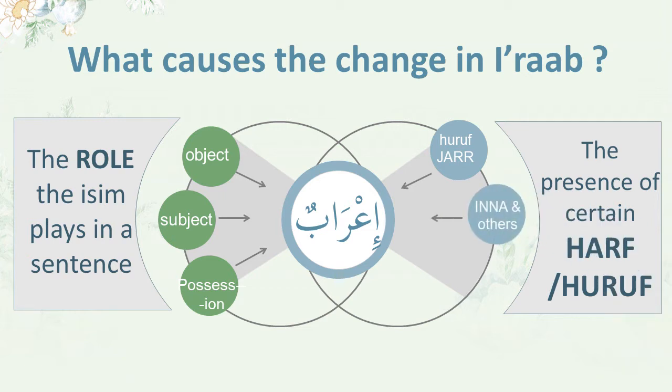Or when the isim is placed after certain huruf, such as inna and others in that group, or after huruf istisna when we're talking about exceptions. There are many other harf or plural huruf which will affect the iqrab. We will be learning more about harf in a separate topic.